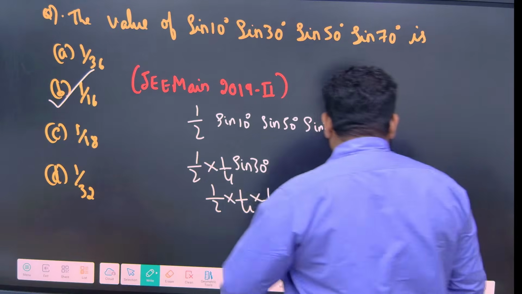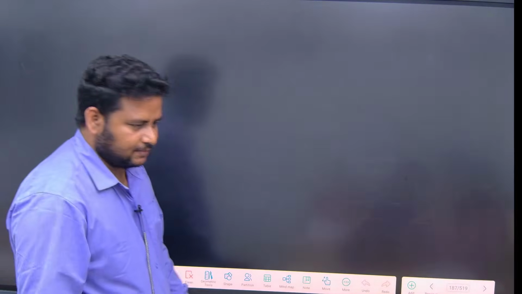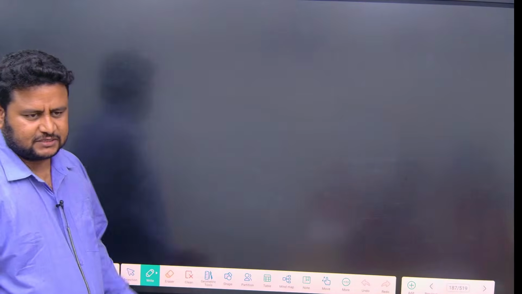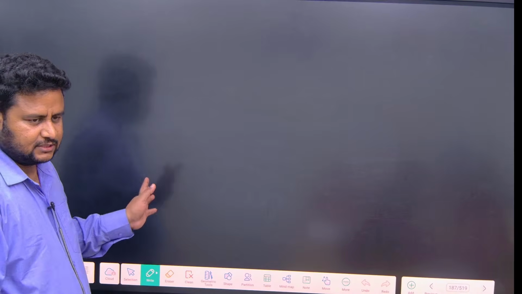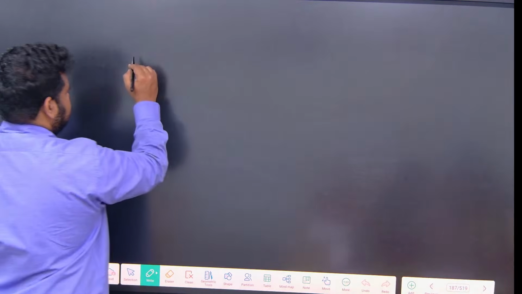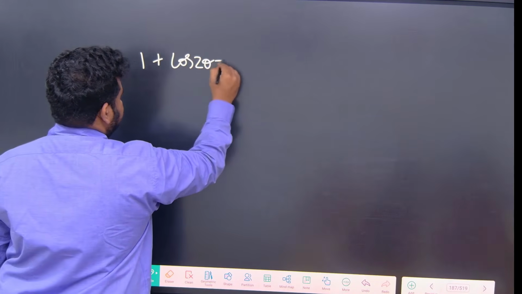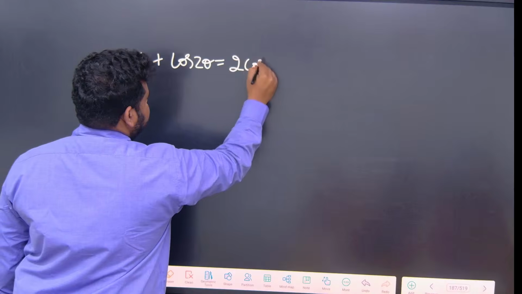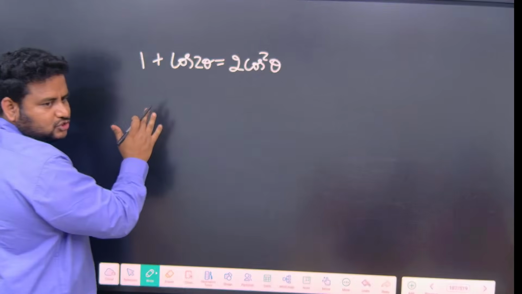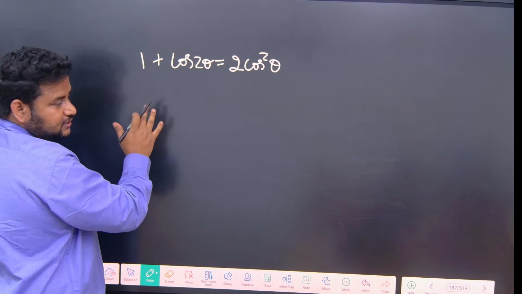Okay. Apart from this, some important results. Double angle formula we learnt. Apart from this, very important result I am writing: 1 plus cos 2 theta is equal to 2 cos square theta.